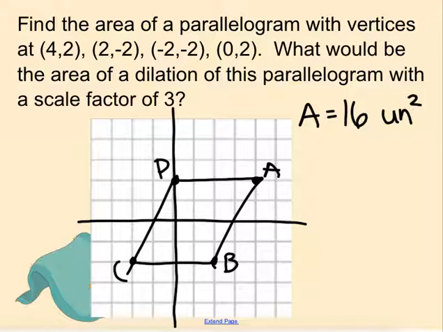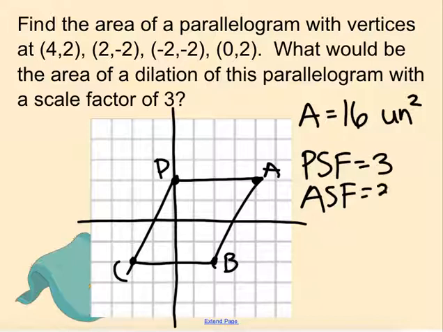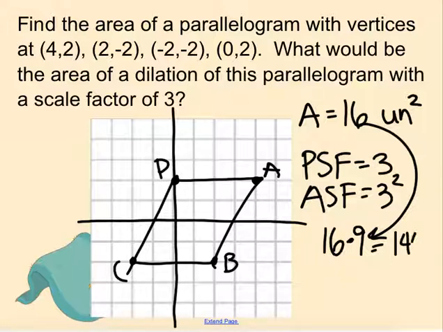Well, just like we saw in the other one, if we have a perimeter scale factor of 3, my area scale factor is actually going to be 3 squared. So I'm going to have to take 16 and multiply it by 9 in order to get my new area, which in this case is 144 units squared, I believe, if I did my mental math correctly.